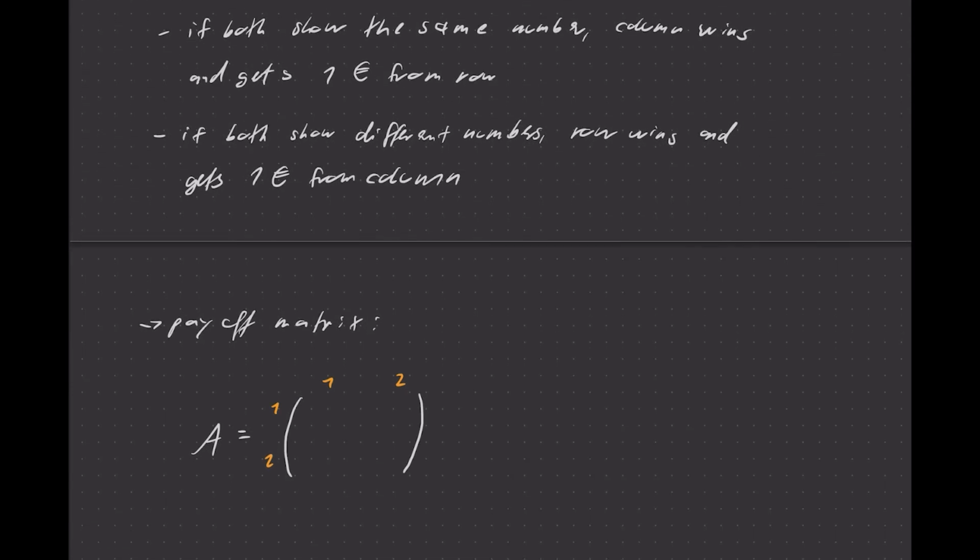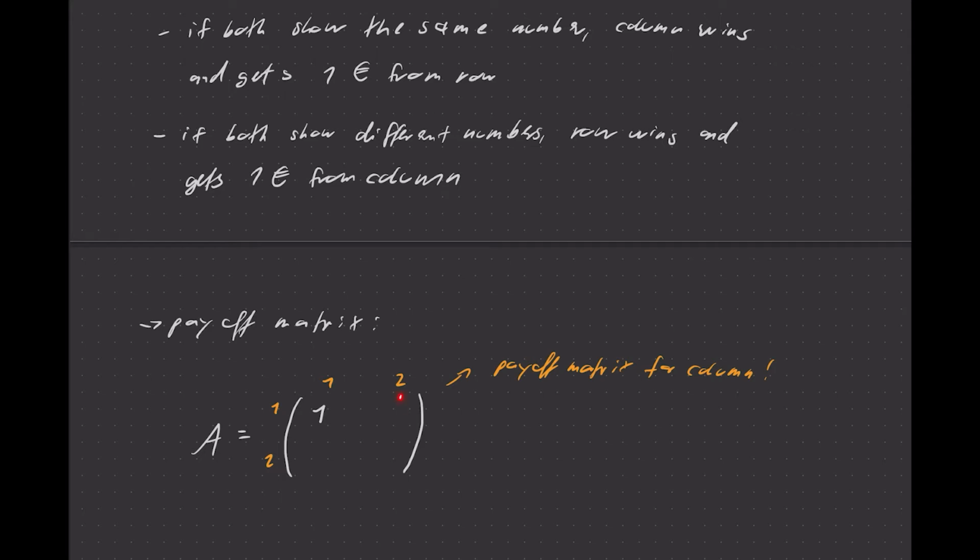And remember, this is Cullum's payoff matrix that we showed here. So A is the payoff matrix for Cullum by convention. So that means in this case here, 1, 1, Cullum gets €1. And implicitly, this also means Rao pays €1.